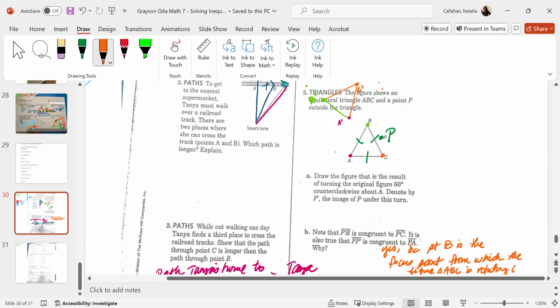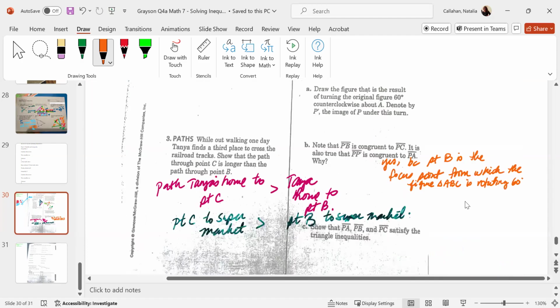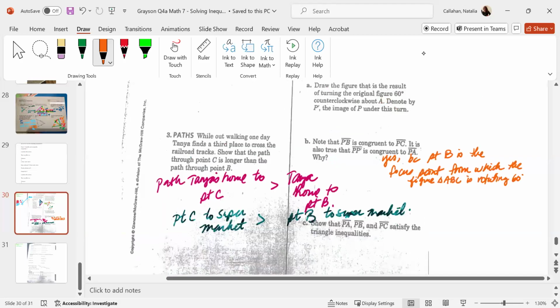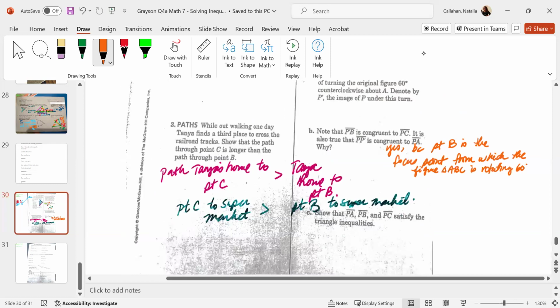Just write that. So what color is the fin? Yes, it's yellow. And what color the fin? You know what the fin is? Yes. Show the PAB. PA.